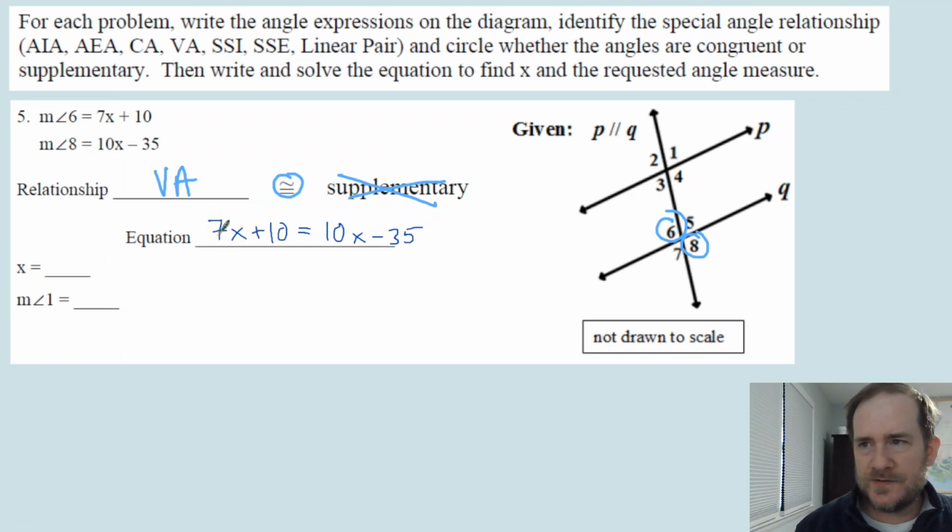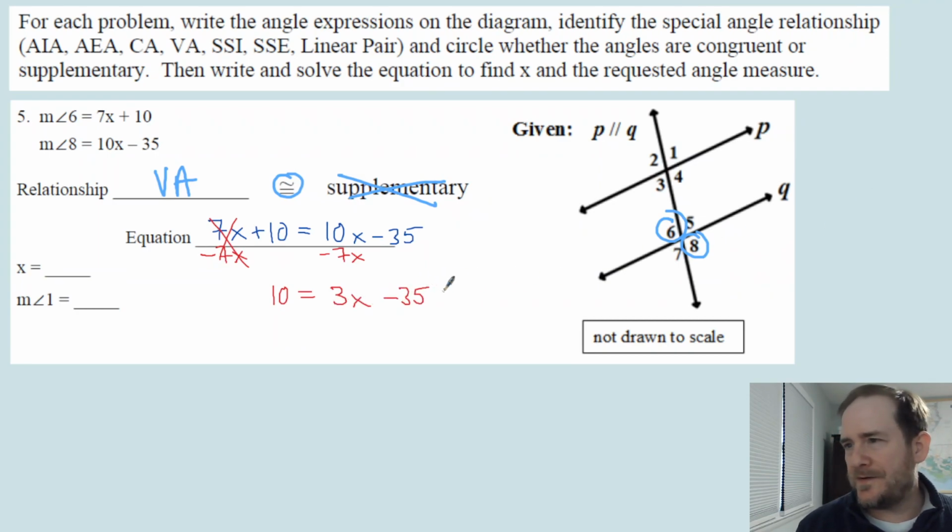The 7 is the smaller amount of x's, so I always like to subtract the smaller number of x's from both sides, just so I can avoid getting a negative. So over here I still have 10. Over here I now have 3x minus 35. I'm now going to add 35 to both sides, so this will go up to 45 equals 3x. And then you divide by 3, and you get 15.